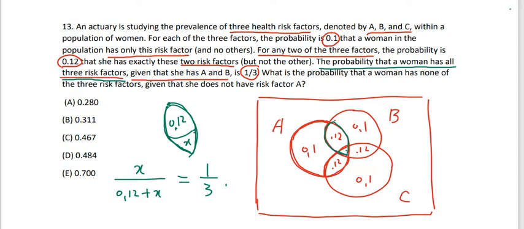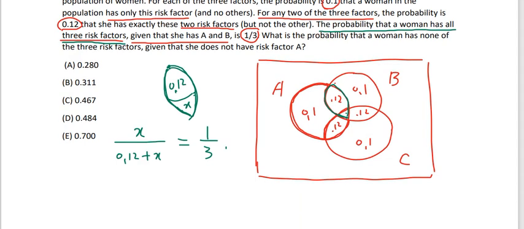So from here we can find X. 3x equals this, 2x equals this. So we can find X equals 0.006. So this part is 0.006. Okay, so we know all the information.